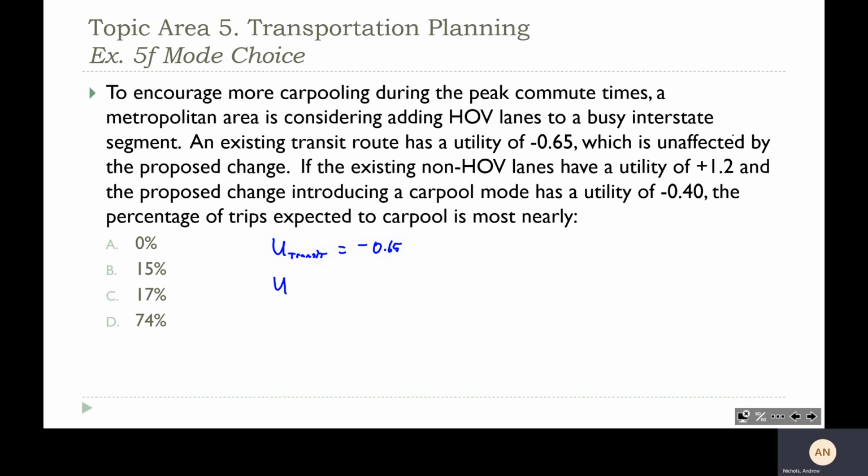So we have the utility for transit, we have the utility of non-HOV is plus 1.2. And then the carpool is minus 0.4.